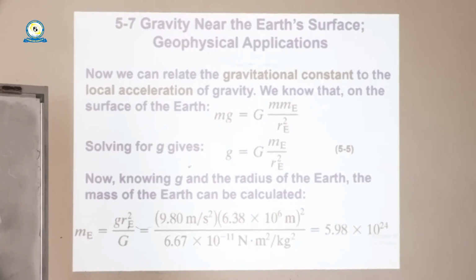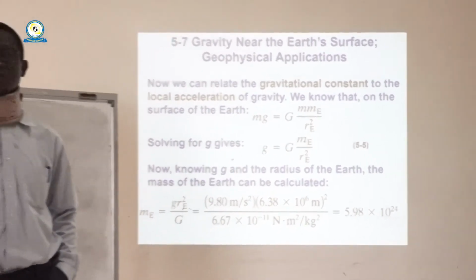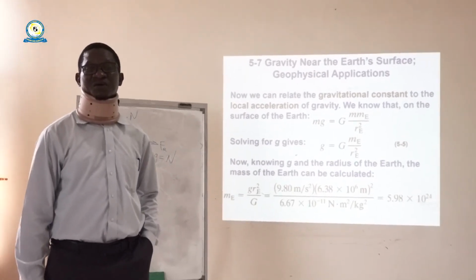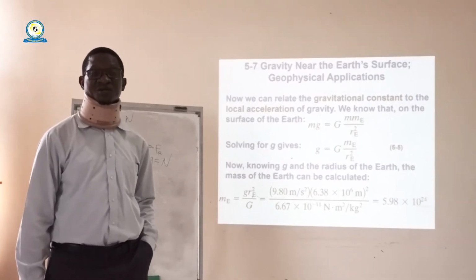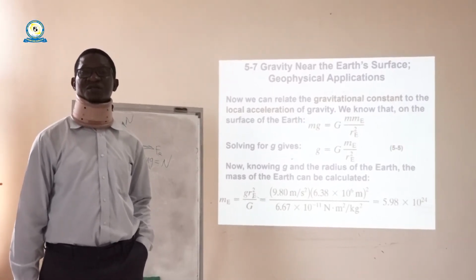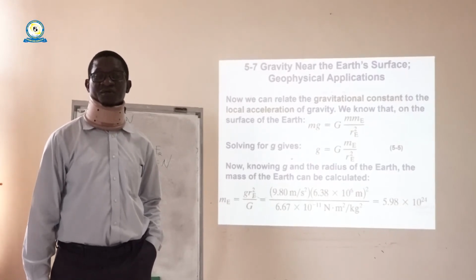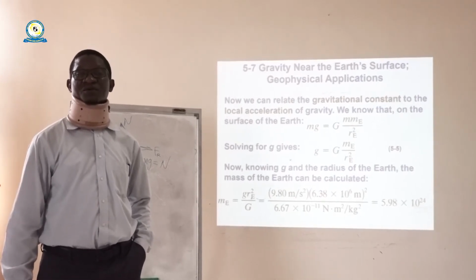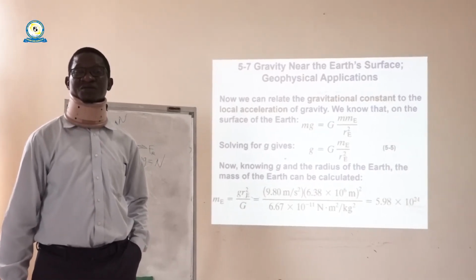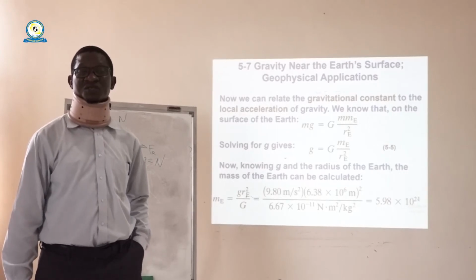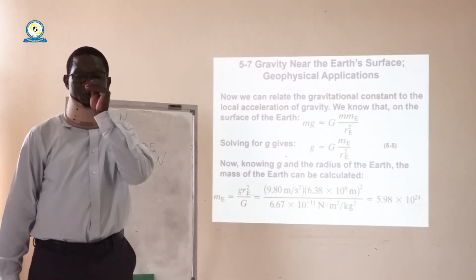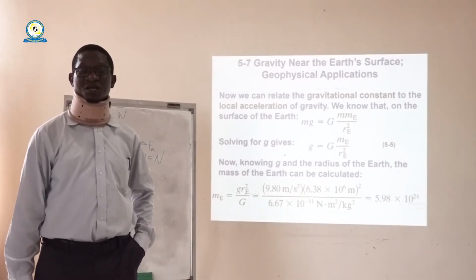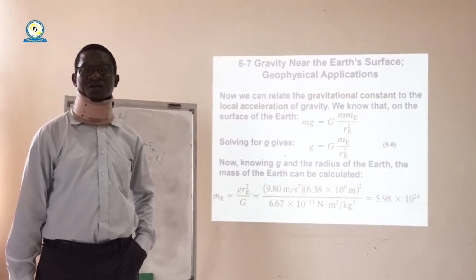We know that on the surface of the Earth, mg is equal to the force of gravity, which is the gravitational force, G times m of the body times M, the mass of the Earth, over the radius of the Earth squared. Solving for g gives g equal to capital G M_E over R_E squared.